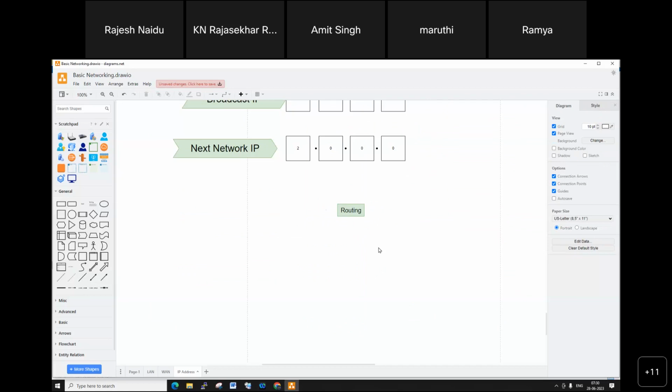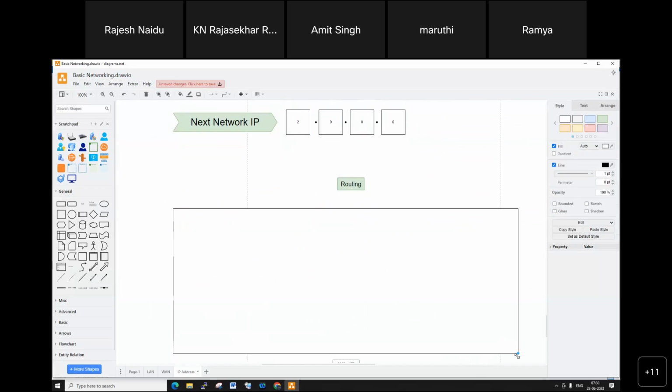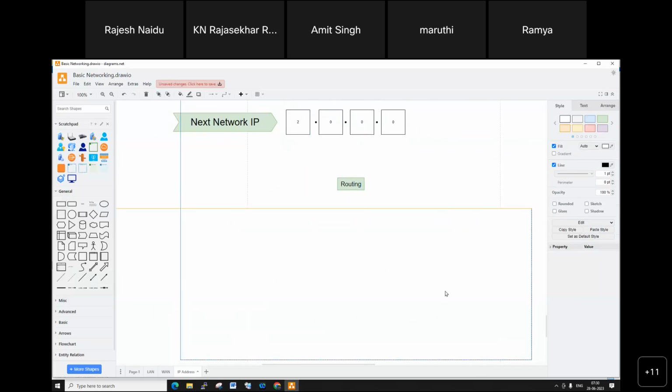Example, in your network, you can take the example of your building or a floor, whatever it is.